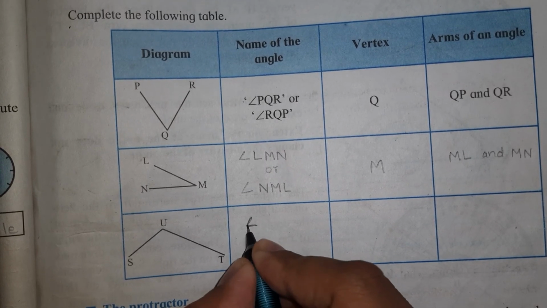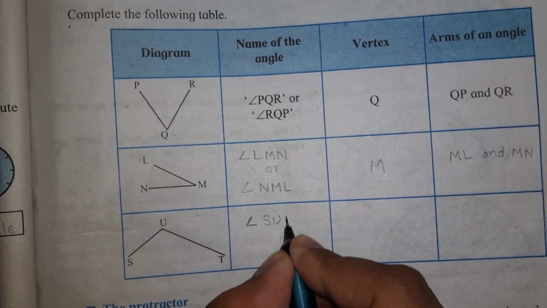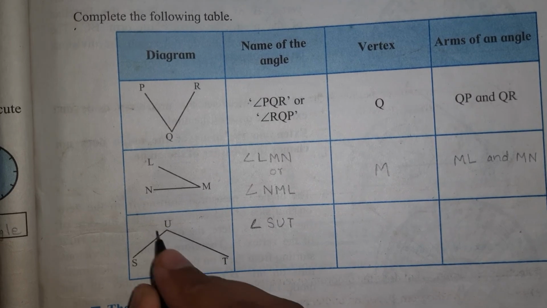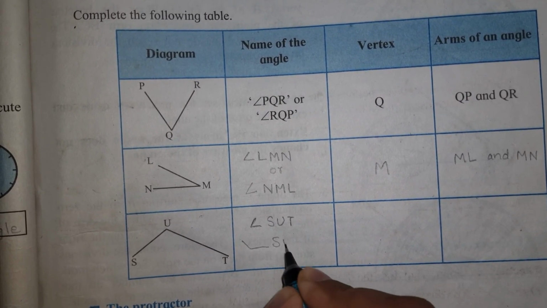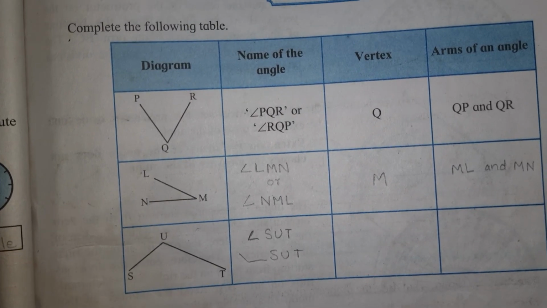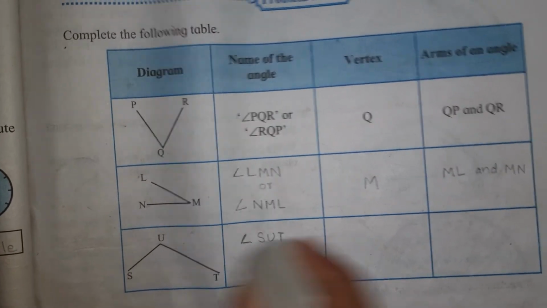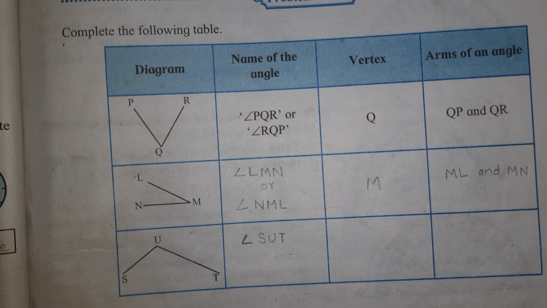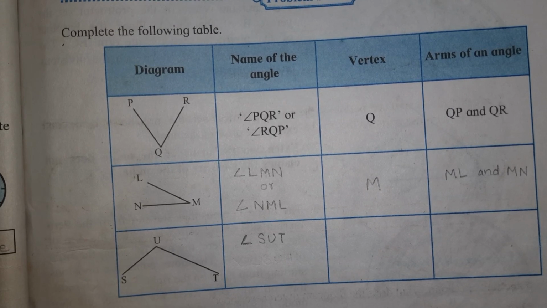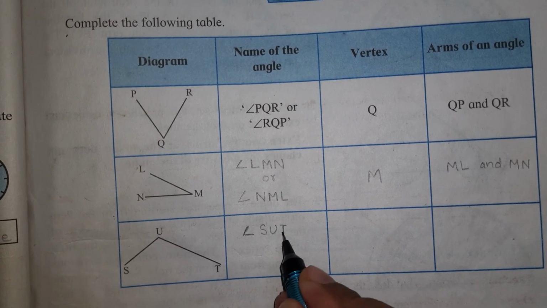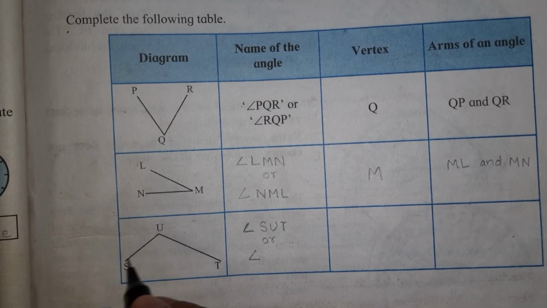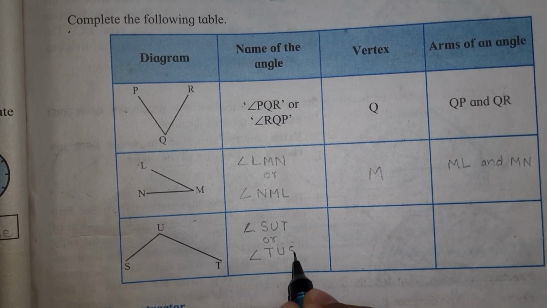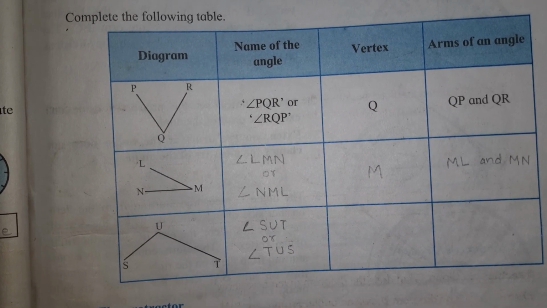Now the third one. Angle SUT. Now this is an obtuse angle. तो ऐसे नहीं लिखना obtuse angle SUT. No, this is wrong. Symbol will be same all the time. Symbol बदलता नहीं है. So angle SUT or angle TUS. U should be in the center.